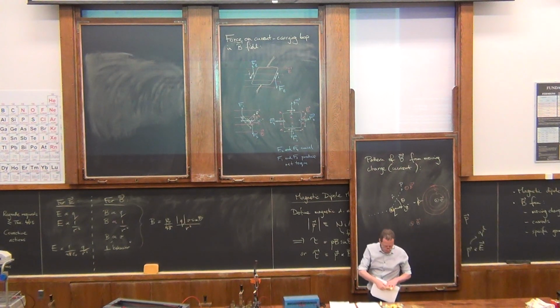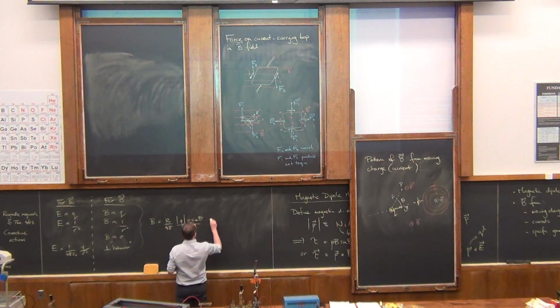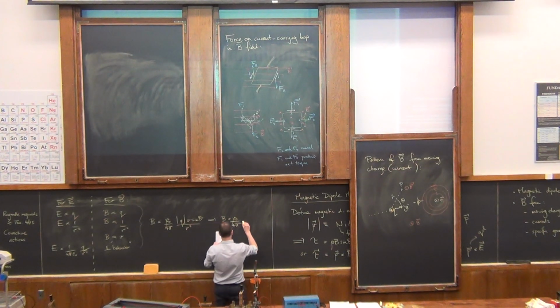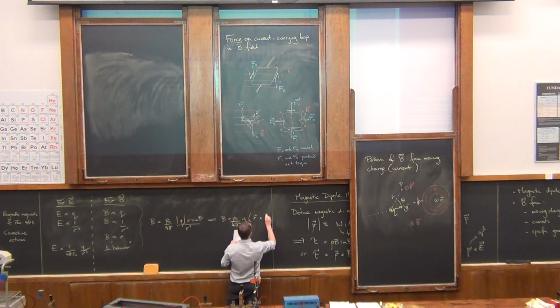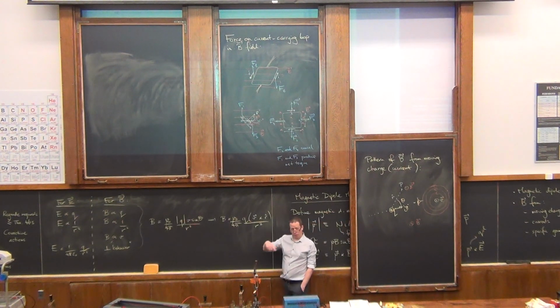How can we embed this observation with our almost there representation of this? So what we're going to do is write it as follows. So, this embeds the same information, but now we explicitly, unambiguously define the direction of the B field at any point relative to this moving charge.